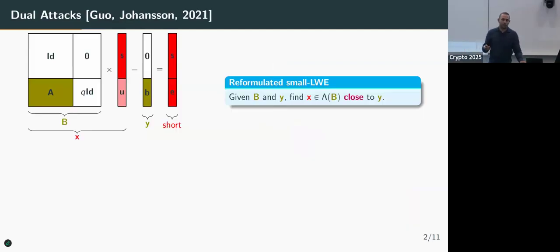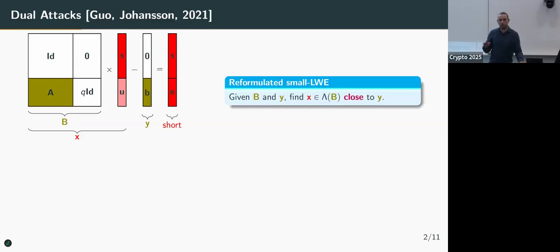So let's talk about dual attacks, and in particular first Guo and Johansson's dual attack that they presented at Asiacrypt in 2021. To explain it, let's first reformulate the small LWE problem.